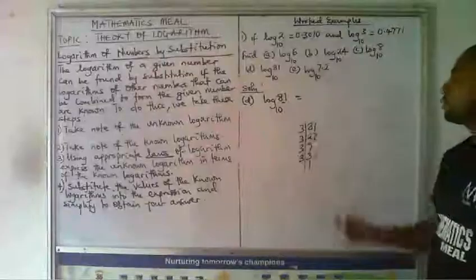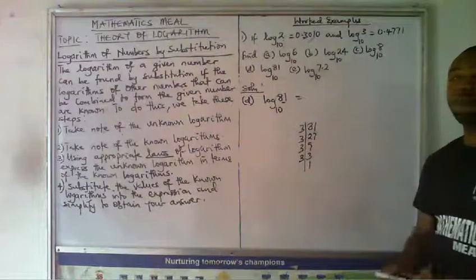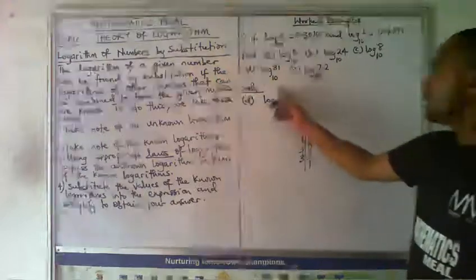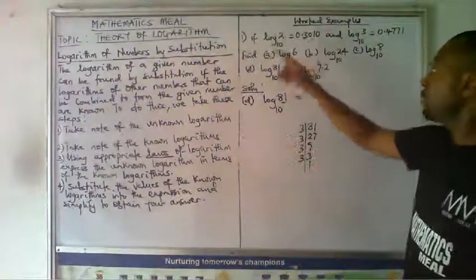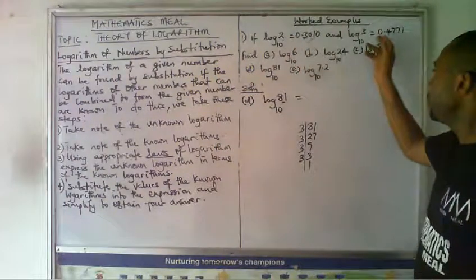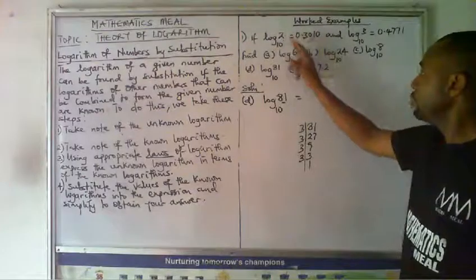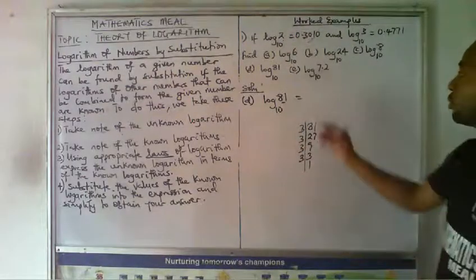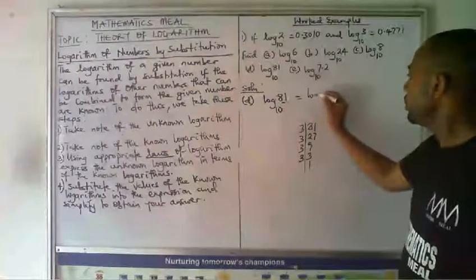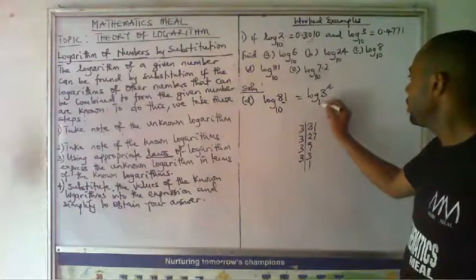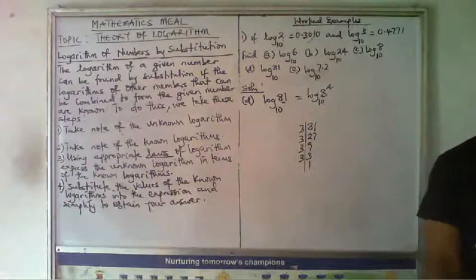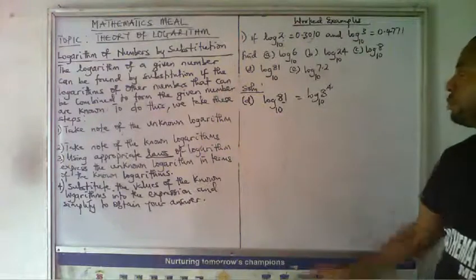So that's 3 raised to the power 4: 1, 2, 3, 4. Although we know log 2 and log 3, we are not going to use log 2 because 2 is not a factor here. So writing log 81, it's going to be log of 3 raised to the power 4 in base 10.